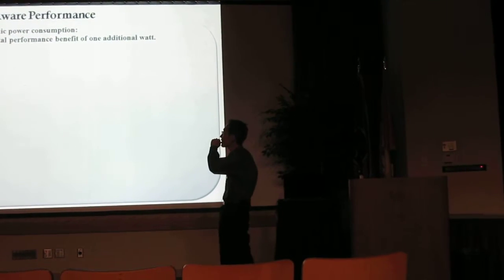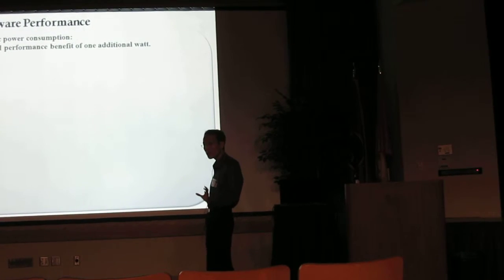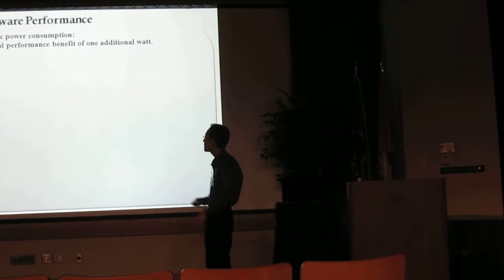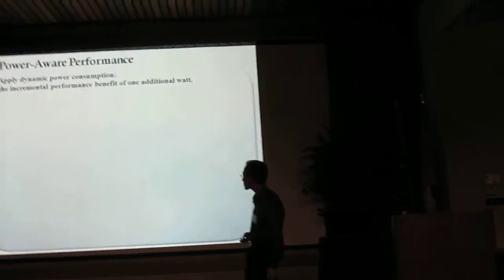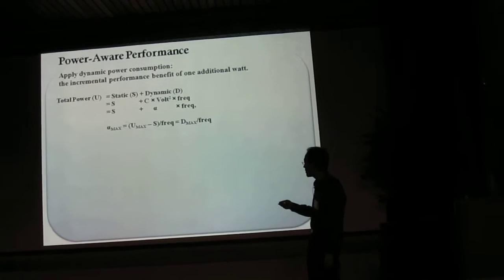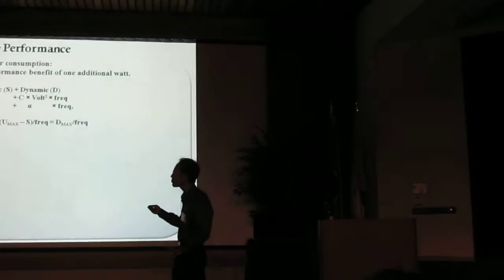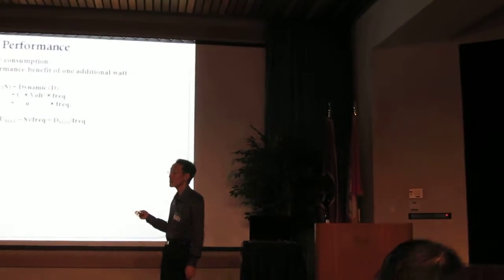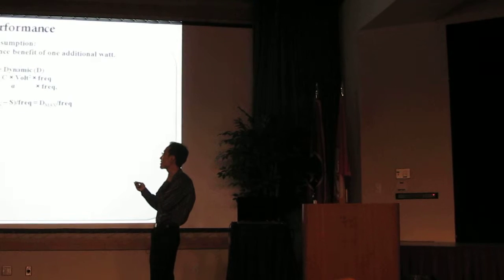I will talk about the power performance in this slide. We focus on dynamic power consumption because we are interested in the incremental performance benefit for one additional watt. This slide is about how we can derive the power performance. The total power consists of static power consumption and dynamic power consumption.